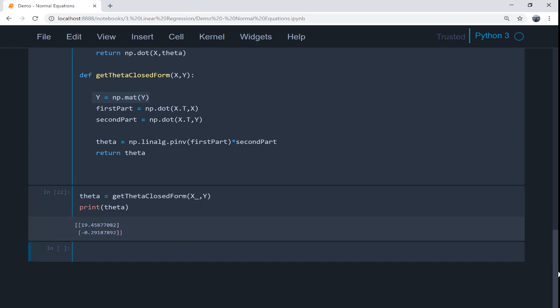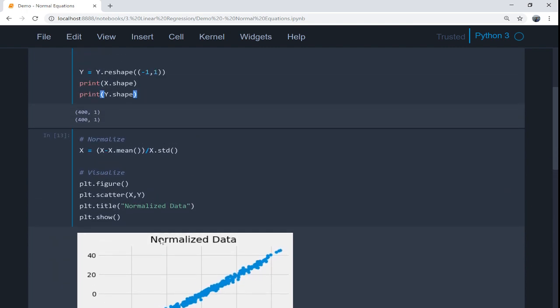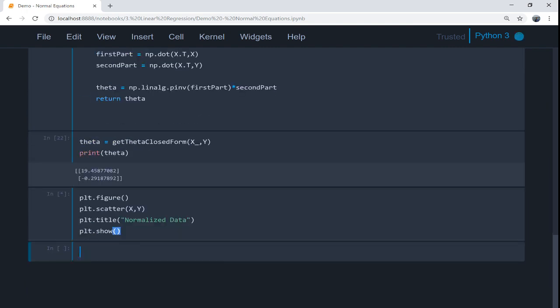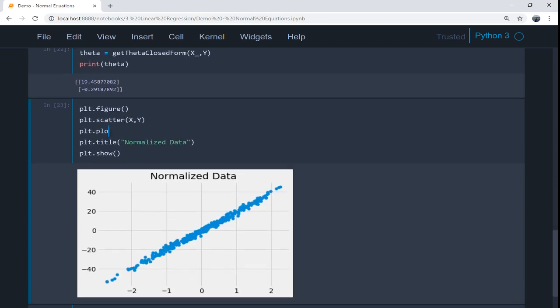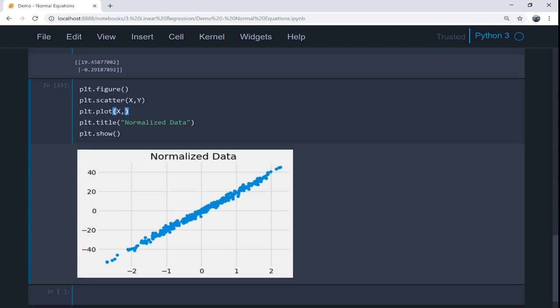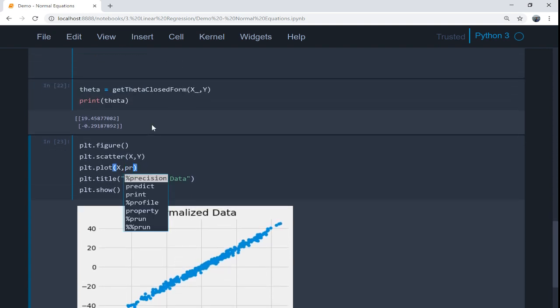And now let us see how good we have done. So let us draw the plot once again, right? So this is our data, and this time I'm also going to plot x, and on the y-axis I'm going to plot the prediction, which is the predict function, which accepts x bar and the theta.